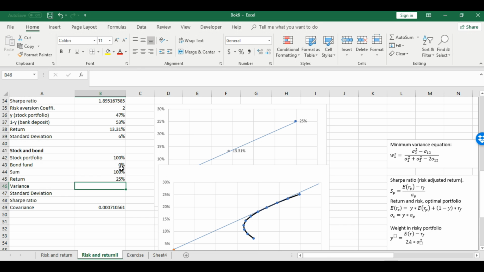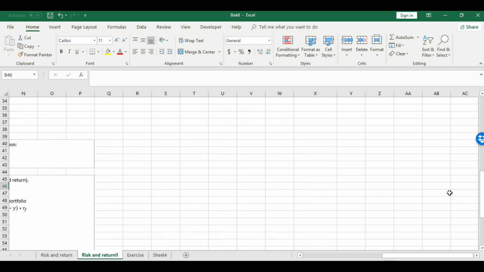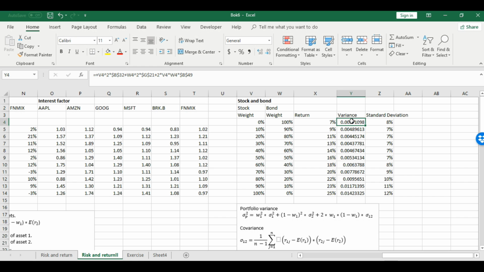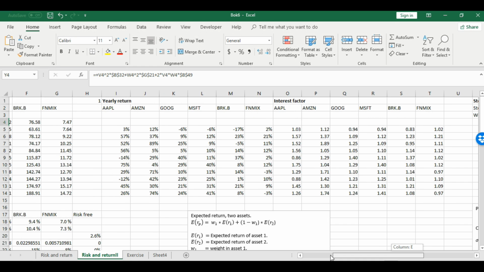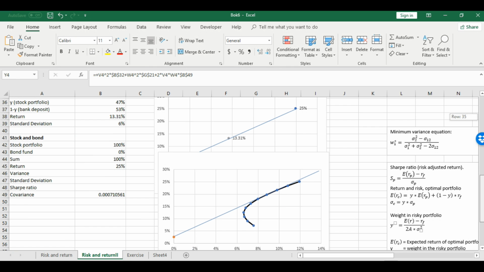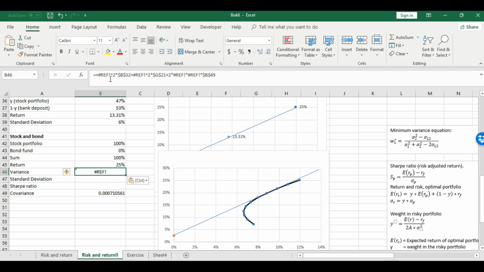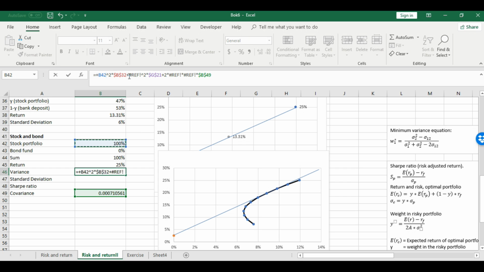There. Variance, we just copy from here. Change the variable for the weight. Standard deviation is the square root of variance.